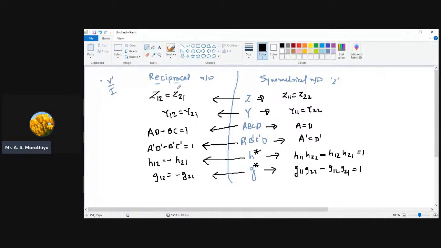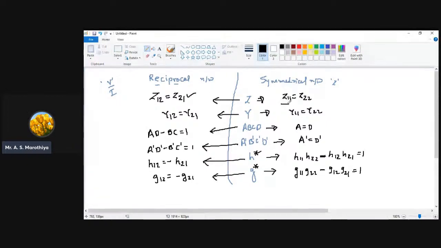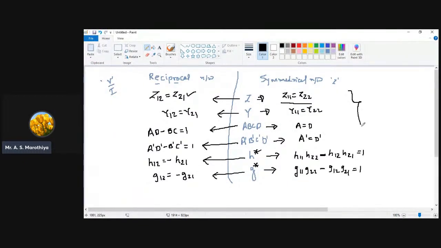For example, if you know the Z equivalent of that network, apply this logic: if Z12 equals Z21, the circuit is said to be reciprocal, and if Z11 and Z22 are the same, the circuit is said to be symmetrical. So these formulas you have to remember, as questions were asked in GATE directly based on them.